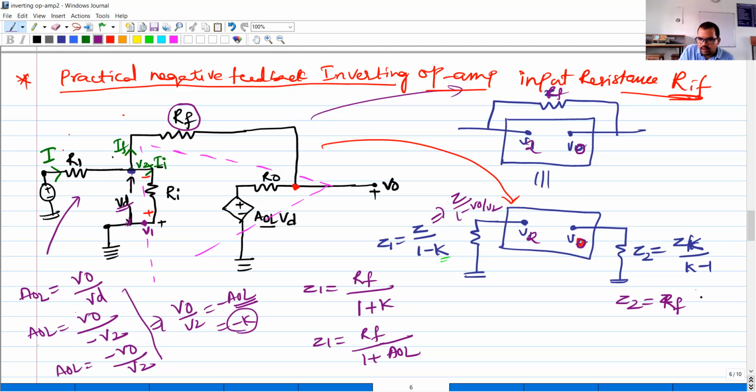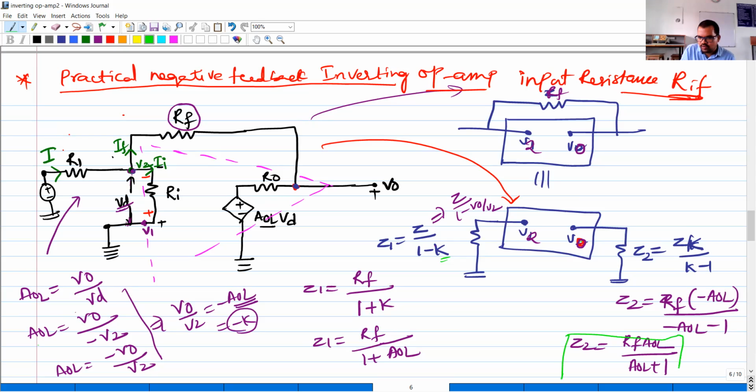K is minus AOL by minus AOL minus 1. Taking the minus common in numerator as well as denominator, you will get RF AOL by AOL plus 1.